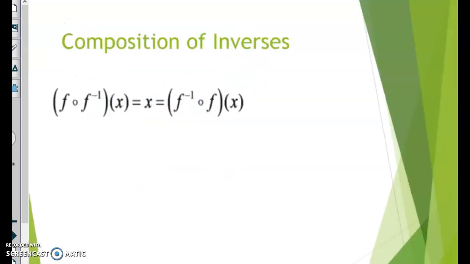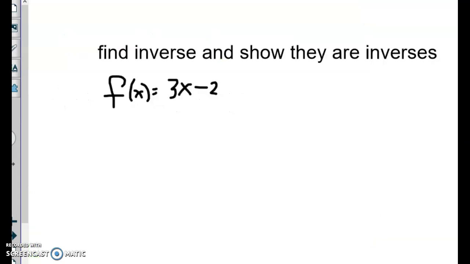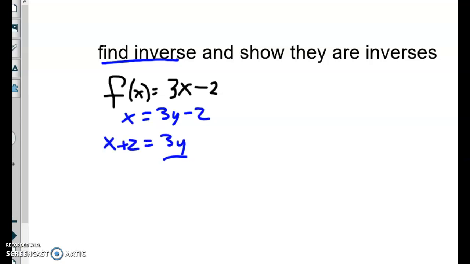So for the composition of inverses, we need to be able to find the inverse of a function and then prove that they are inverses. So I'm going to take this one, find the inverse, and then show that they are inverses. So I'm going to take this as a y and replace y's with x's and x's with y's, and then solve for y.